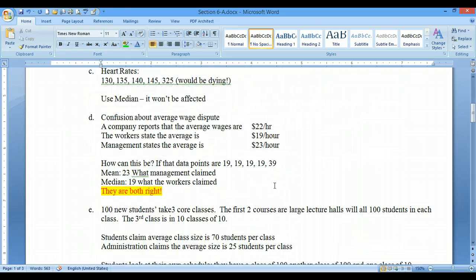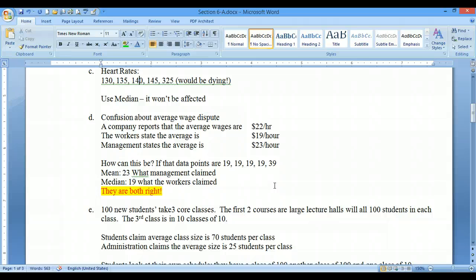Example D. There was a confusion about the average wage dispute. A company reported that the average wages were $22 an hour. The workers stated that the average was $19 an hour, but management was stating that the average was $23 an hour. So how can that be?